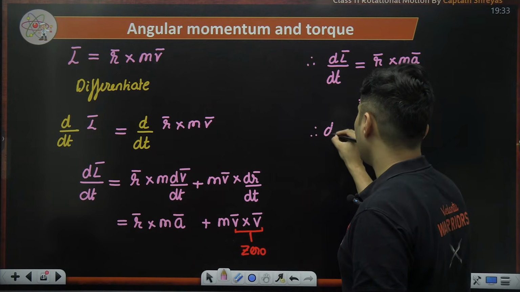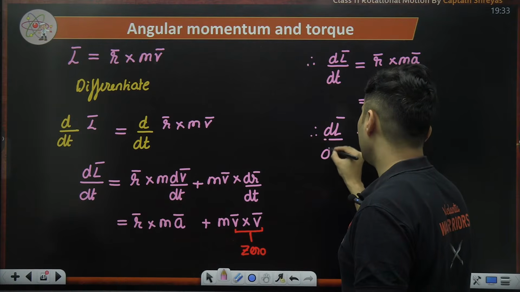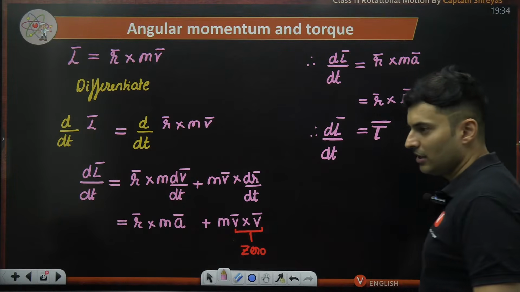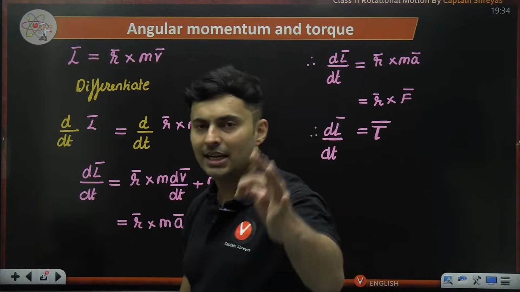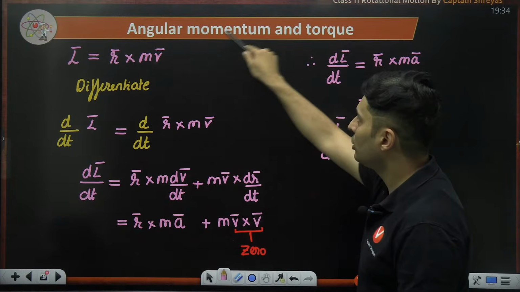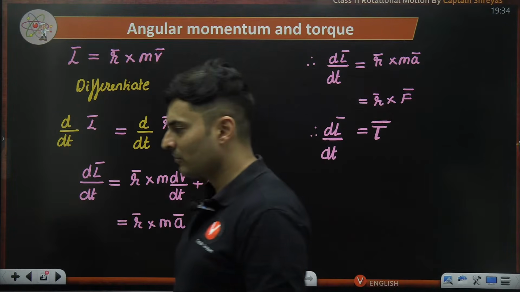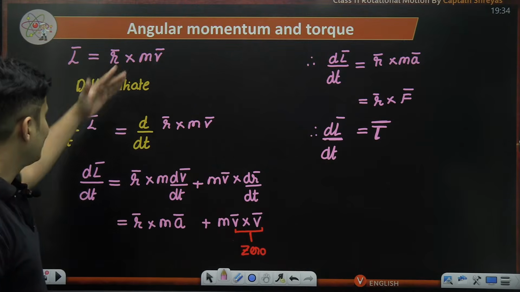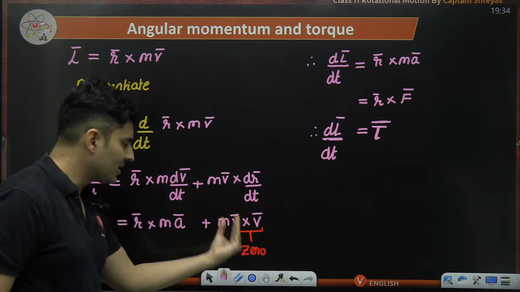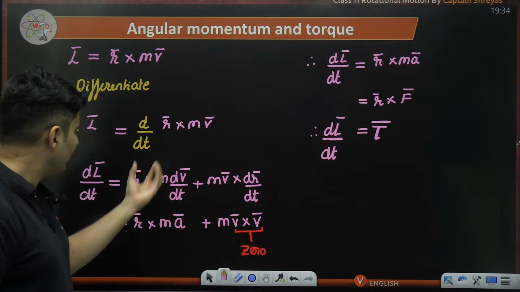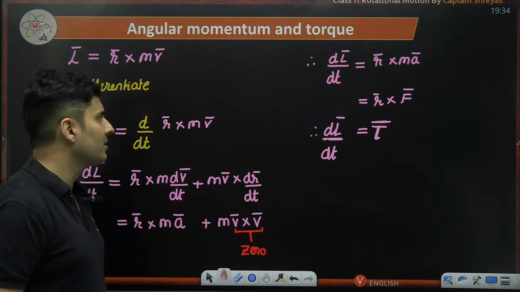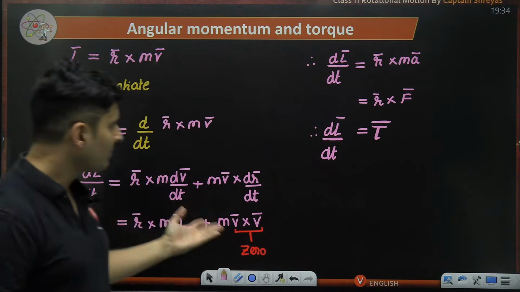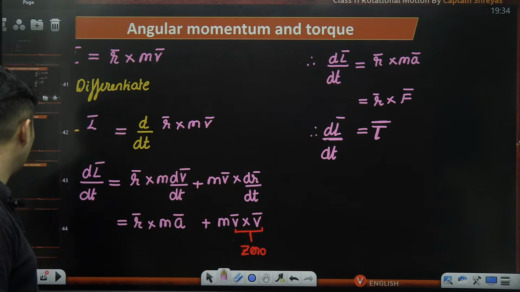So I get dL by dt is nothing but my torque, and that is the derivation for the relation between torque and angular momentum. Isn't it amazing? We just differentiated it, used some rules of cross product and some basic definitions in mechanics: dv by dt is acceleration, mass into acceleration is force, and r cross F is the definition of torque.